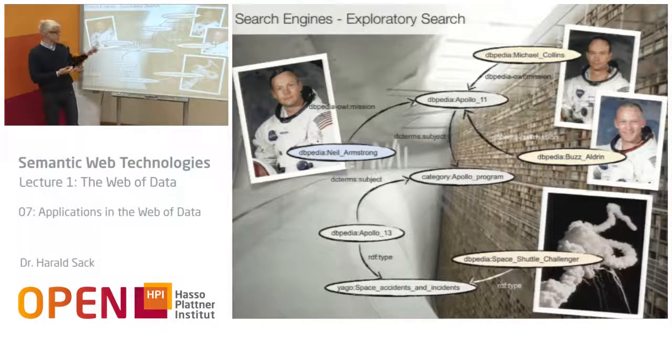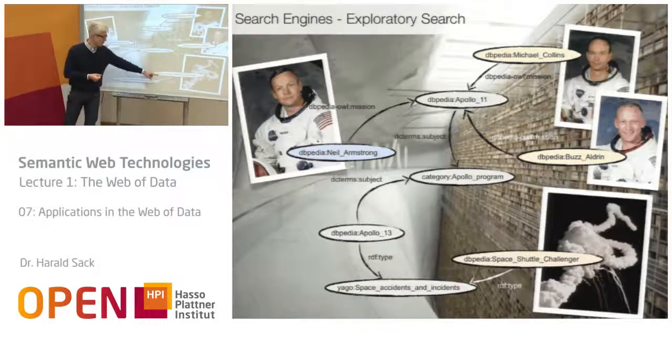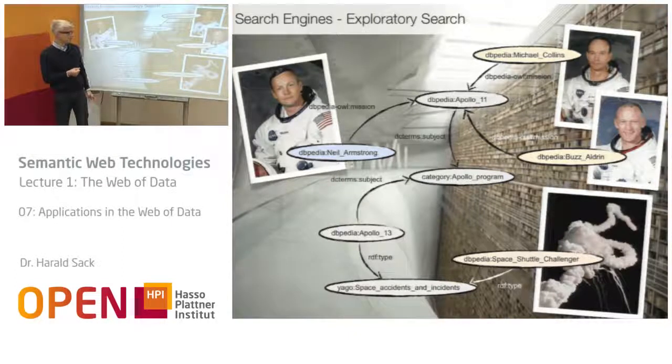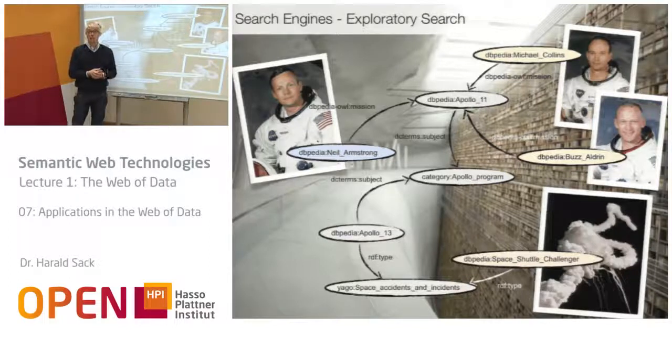And furthermore, you might have the information that Apollo 11 was part of the Apollo program. And there were other missions, for example, Apollo 13. And maybe you know that with Apollo 13, there was a near accident in space. So Apollo 13 also belongs to a class, space accidents and incidents. And from the class space accidents and incidents, you will possibly also get connected to the Space Shuttle Challenger incident.